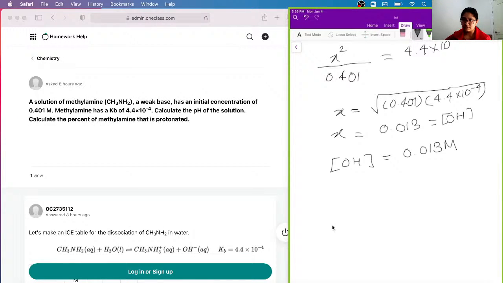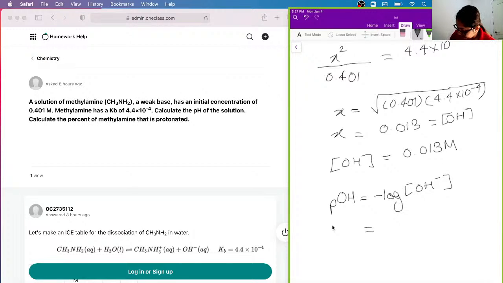Okay, and since we found the concentration of our base, we can now calculate the pH or the pOH in this case from the concentration of our base. If you guys recall, pOH is equal to the negative log of the concentration of OH, the base.